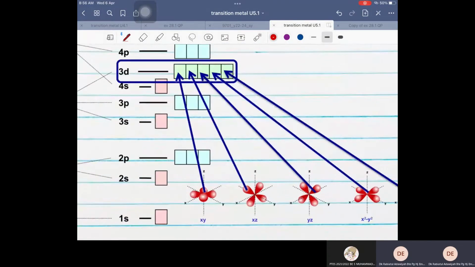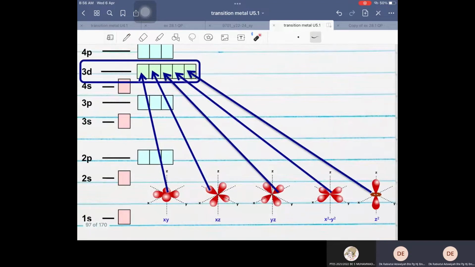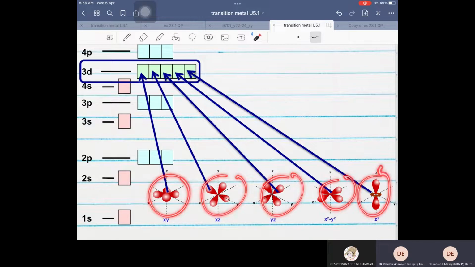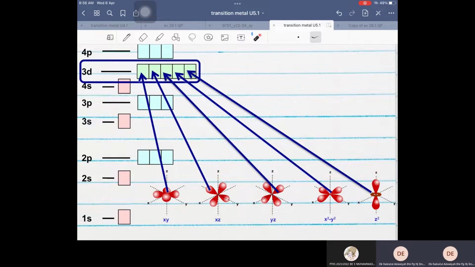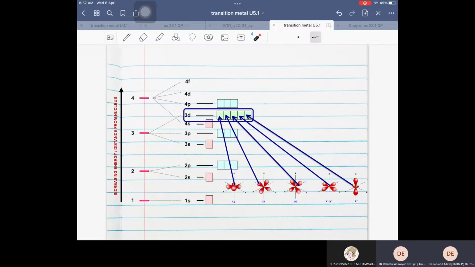Right, so that's just to show you the 5 boxes represent these 5 orbitals. Again, I mentioned they are not in any particular position. One box can represent, for example, YZ here or XZ, so it's not a fixed position.